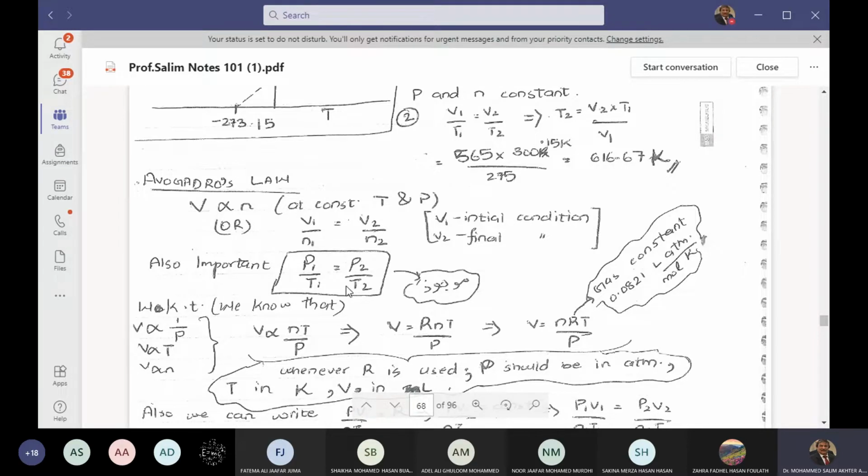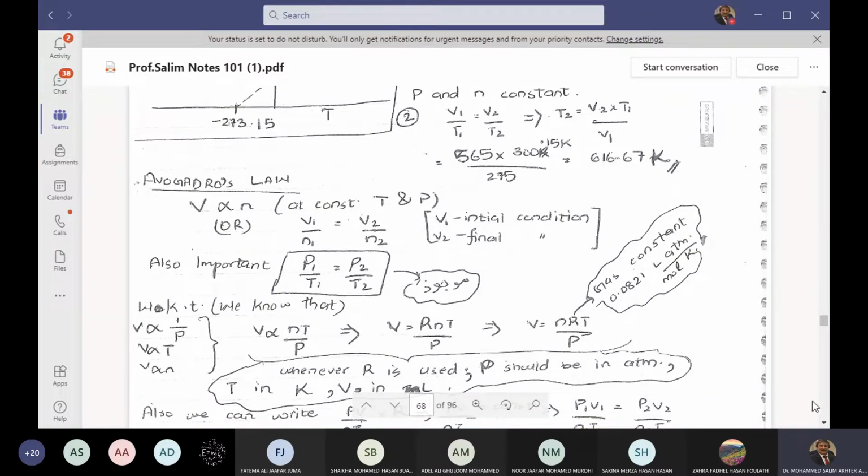Then P1 over T1 equal to P2 over T2, keeping volume and number of moles constant. Can you please find out the name of this law? If you know the name of this formula, please share it on your mobile, in your WhatsApp group.